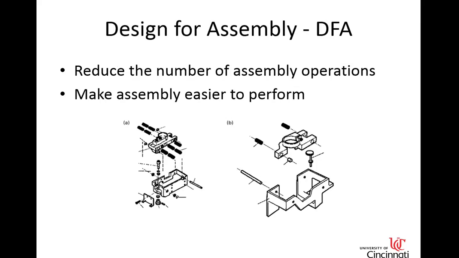Design for assembly is very simple. It reduces the number of assembly operations and makes assembly easier to perform. So it's got this little diagram here of a part with multiple little components, and then a part where they've actually built some of these components pre-assembled or made as a unit.